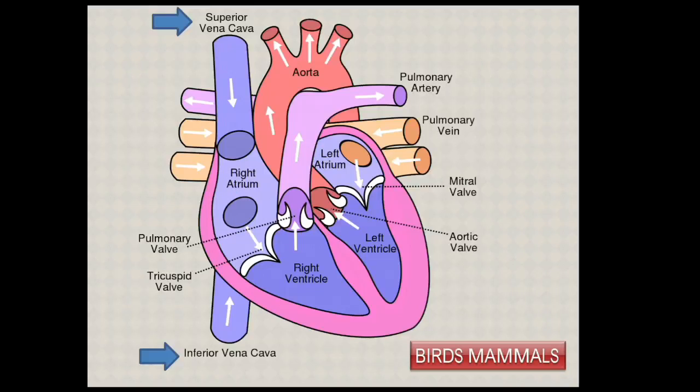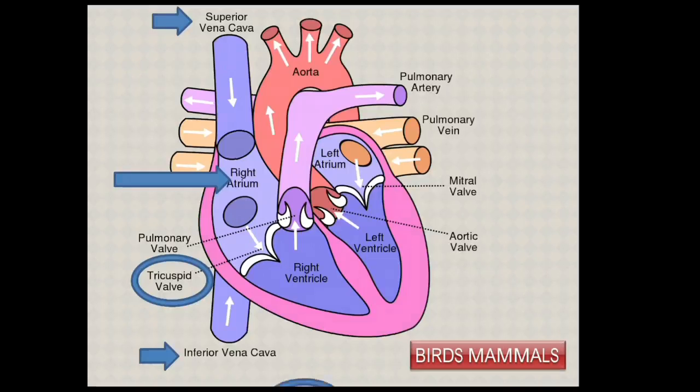As we have seen in the previous cases also, the right auricle always contains the deoxygenated blood. Now the blood is reaching the right atrium. From the right auricle, it goes through the tricuspid valve, as we have seen in the previous diagram, and reaches the right ventricle.